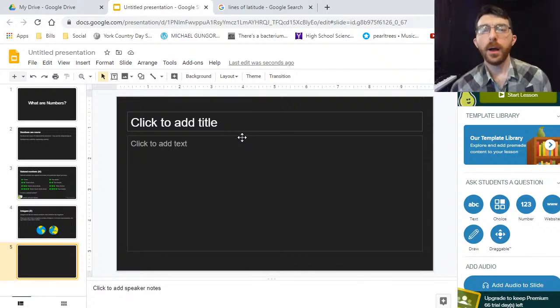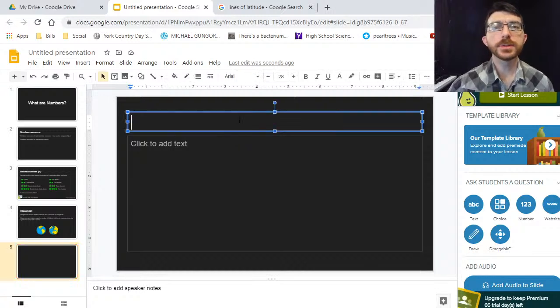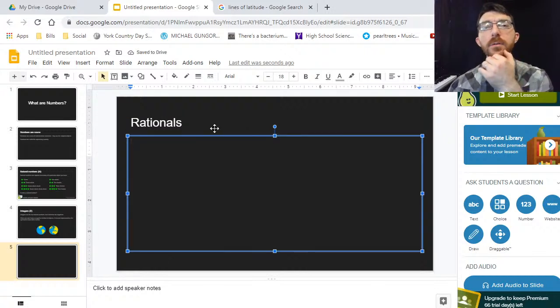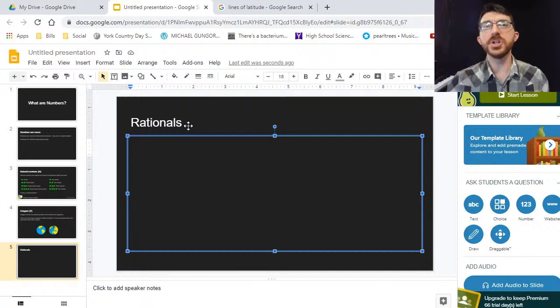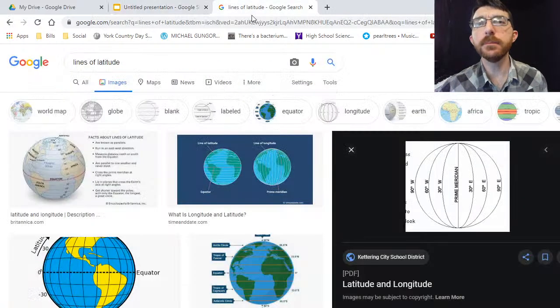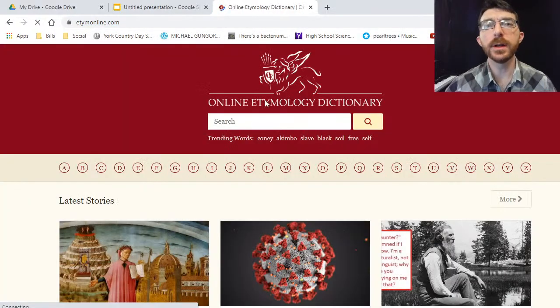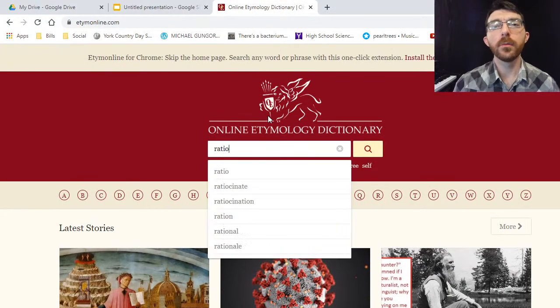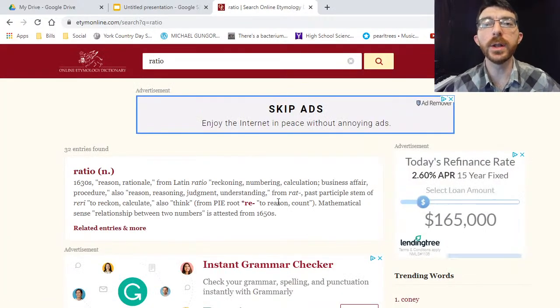What I love about rationals is the comparison of the root ratio. Let me see if there's something good here. Ratio. Let me see what the root is here. To reason or count. Good. Reckoning, numbering, calculation. Reasoning, judgment, understanding.